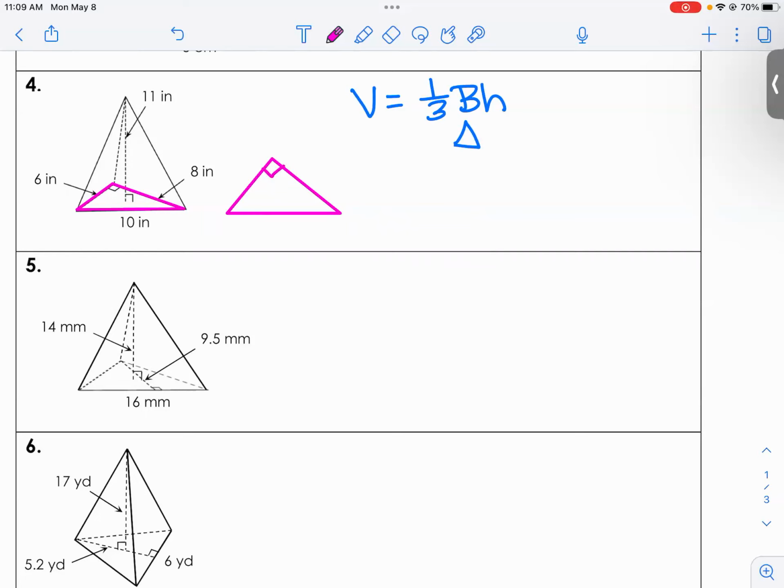And this is 6, 8, and 10. We need to decide which of those numbers are important. So how about you turn to your elbow partner and talk about which numbers we actually need from that triangle and why.